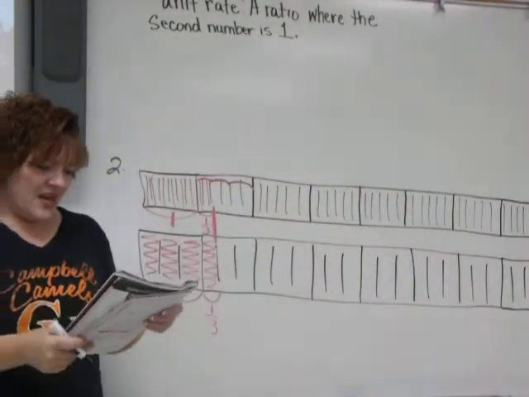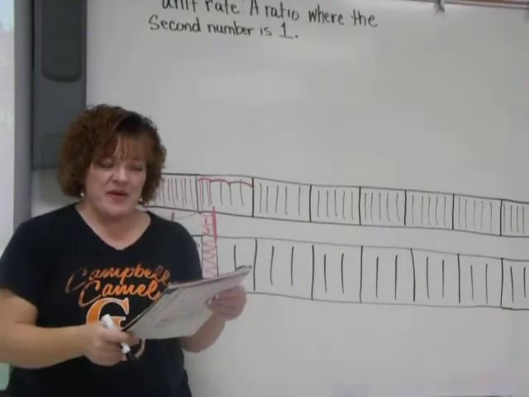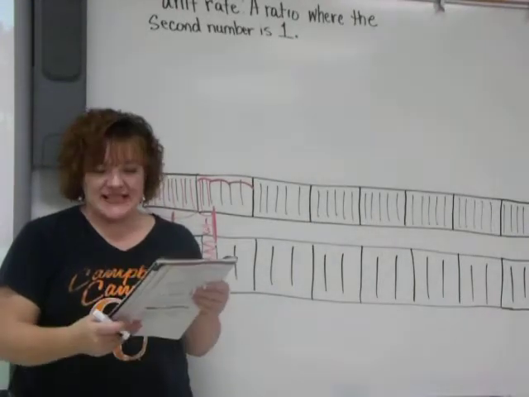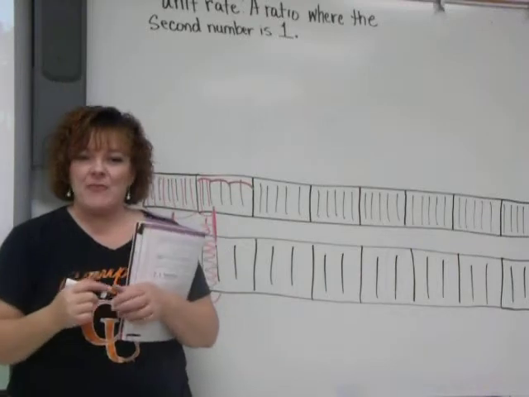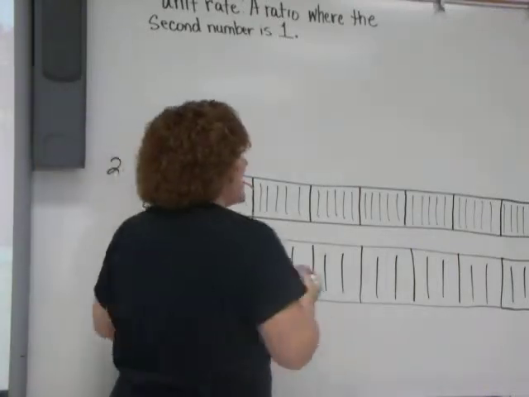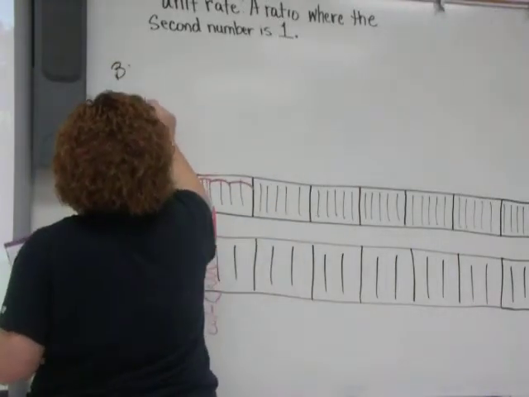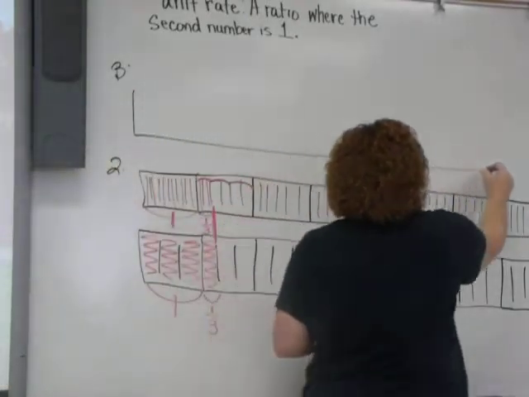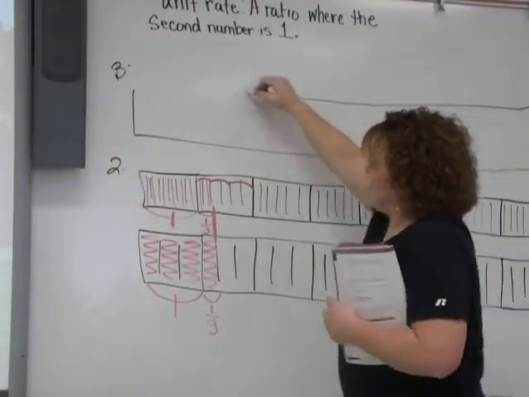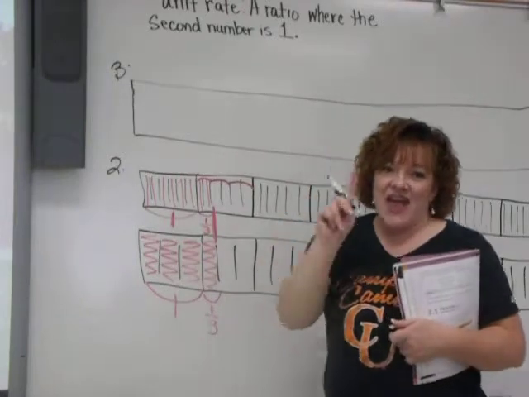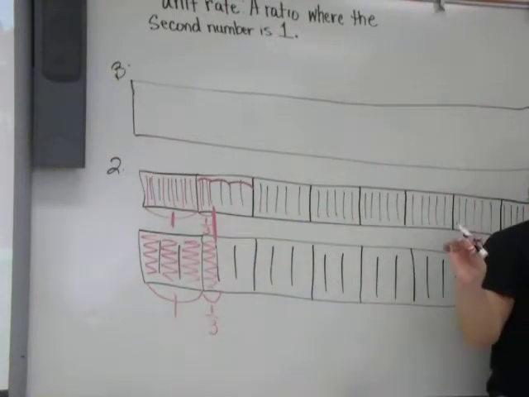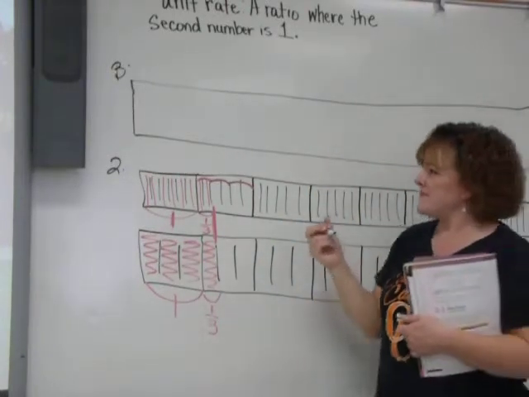B says show how 12 people can share an 8-segment gummy worm. How many segments each person gets. Now, I know for me that I still have to have 8 segments. So you're going to divide that one tape diagram into 8 pieces.